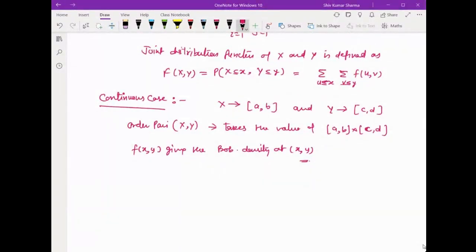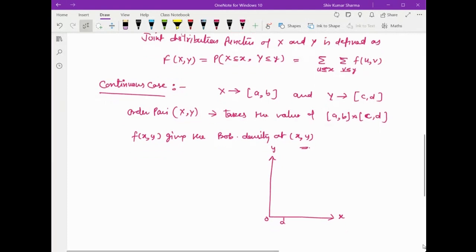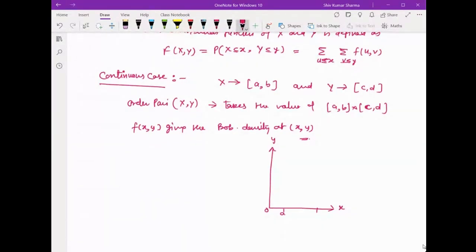So the joint probability density function we define as follows. This is the origin, x having values a to b, y having values c to d. So we make a rectangle in this form.